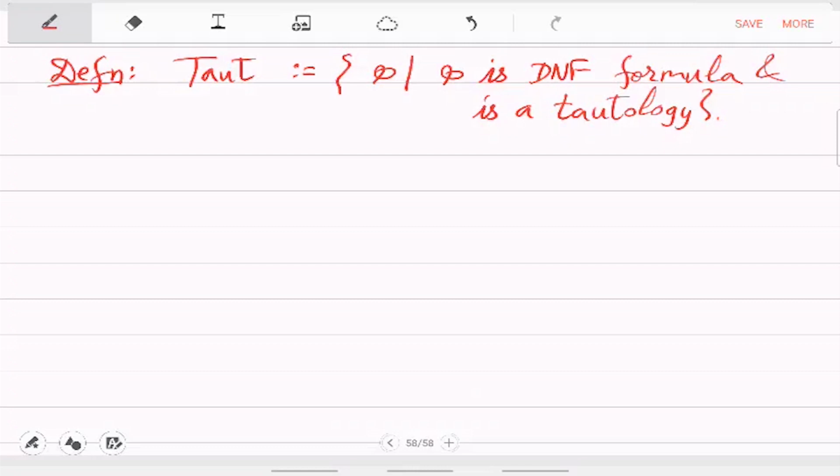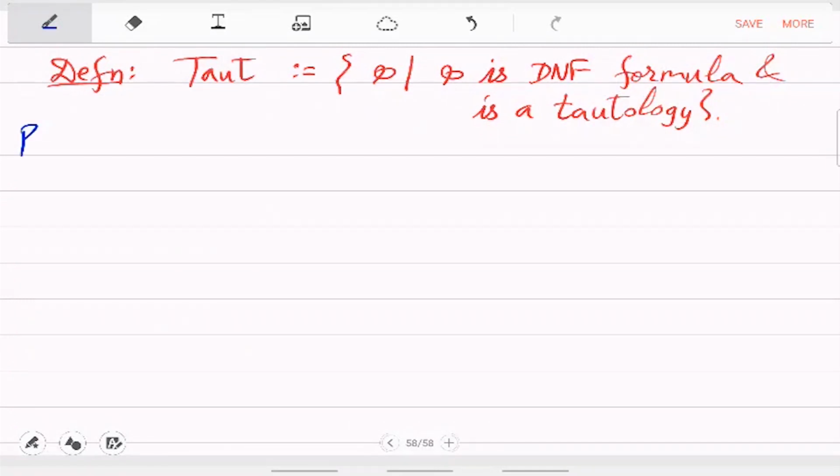But this is just using and, or, not operators. So it's a simple propositional formula. It's in DNF form. Think of it as the complement of CNF. So for NP it was CNF. Now for co-NP we are talking about DNF, and it's true no matter how you fix the variables.